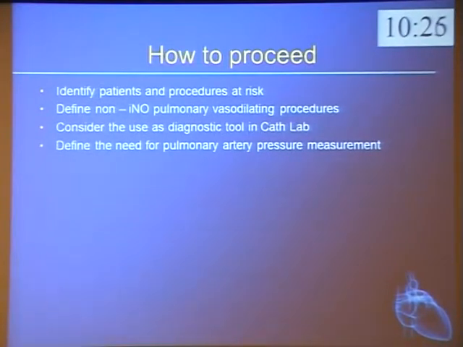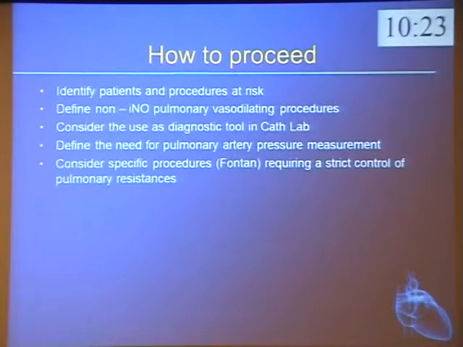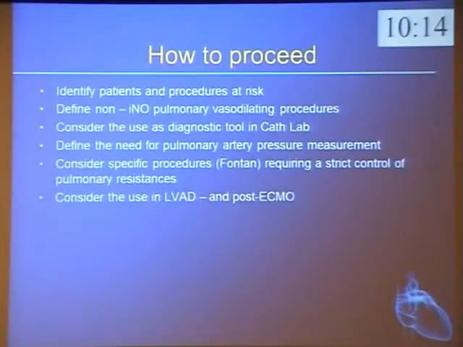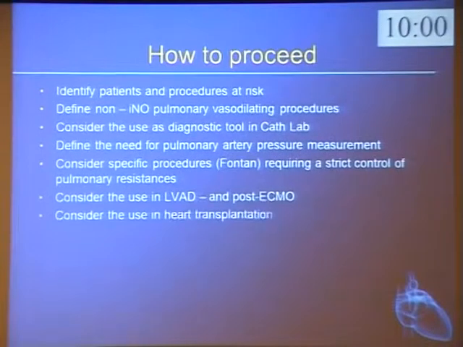Define the need for pulmonary artery pressure measurement. Consider also specific procedures such as the Fontan procedure requiring a strict control of pulmonary resistance. We use nitric oxide, especially in those patients who are under left VAD or under ECMO, for weaning from ECMO.